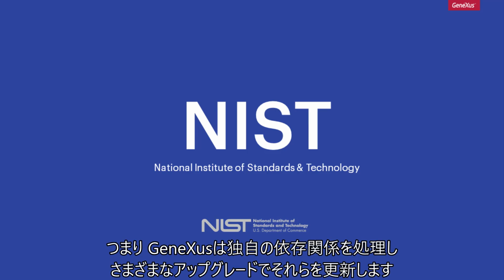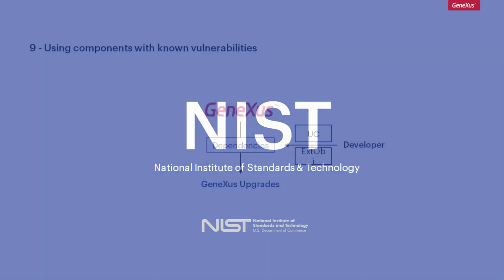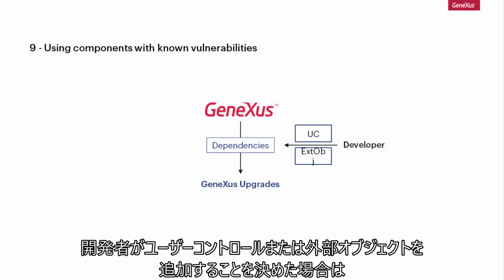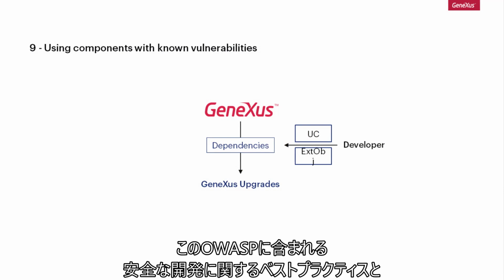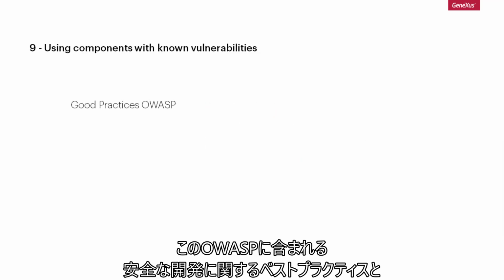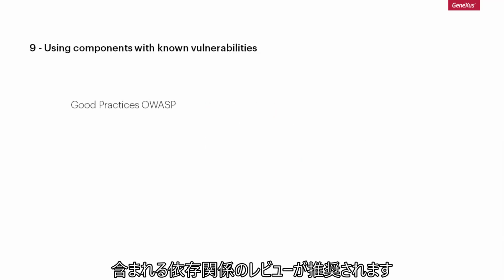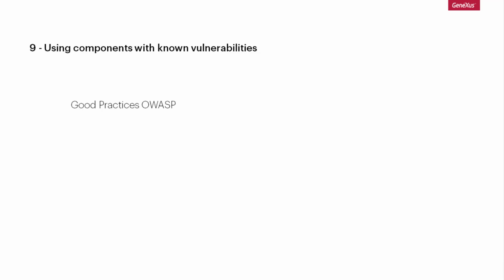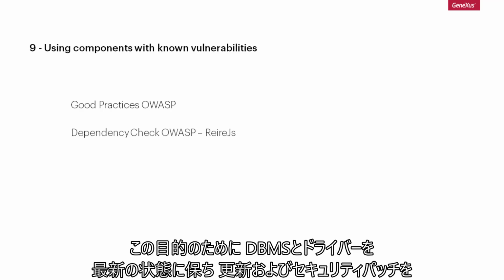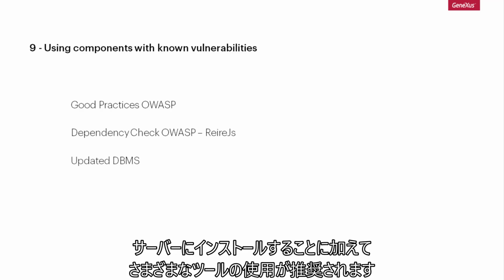This means that GeneXus takes care of its own dependencies, updating them with various upgrades. If the developer decides to add a user control or an external object, the best practices on secure development included in this Open Web Application Security Project are recommended, as well as reviewing any dependencies included. To this end, the use of different tools is suggested, in addition to keeping DBMS and their drivers up to date and installing updates and security patches in servers.